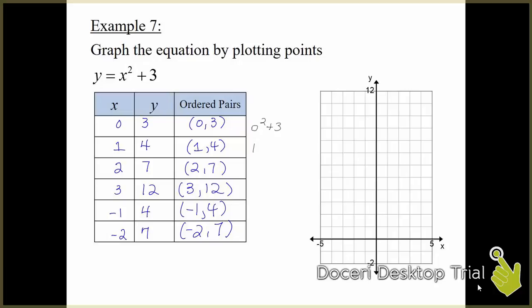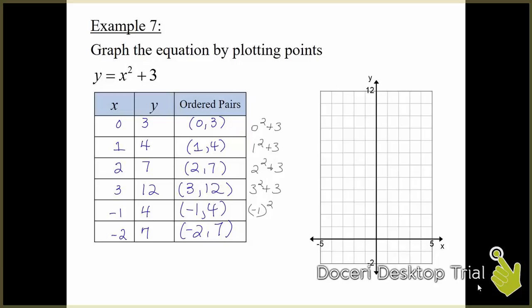And here I have 1 squared plus 3, and you get 4. Here you have 2 squared plus 3, and you get 4 plus 3 is 7. 3 squared plus 3 is 9, and that's 12. Then here you might get a little, don't let your calculator lead you astray if you're using your calculator.